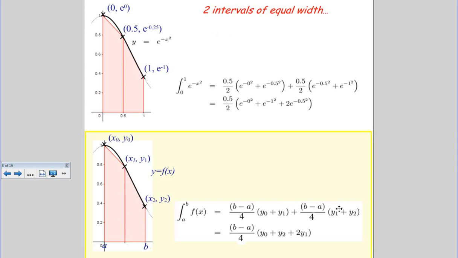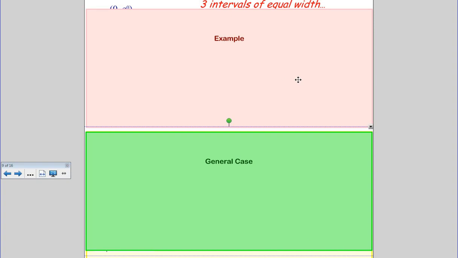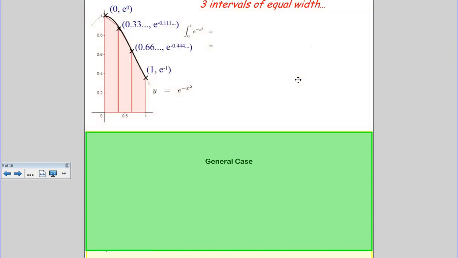So we can see that the middle one occurs twice. So if we take our common factor of the width divided by 2 out, there we go, then we have a single y0, a single y2, but two of the middle ones, 2y1.